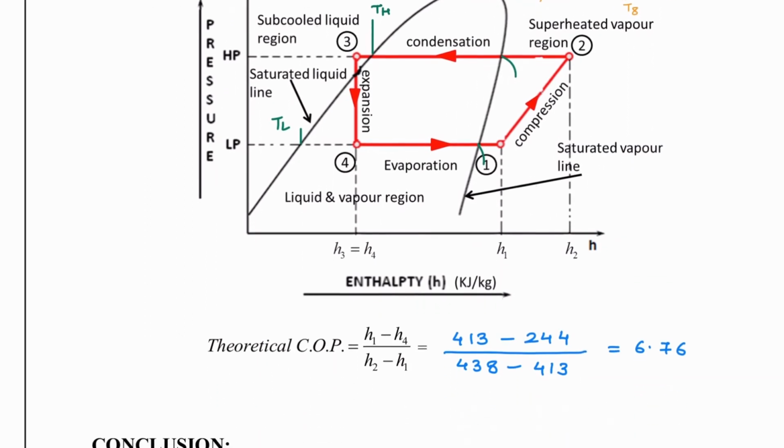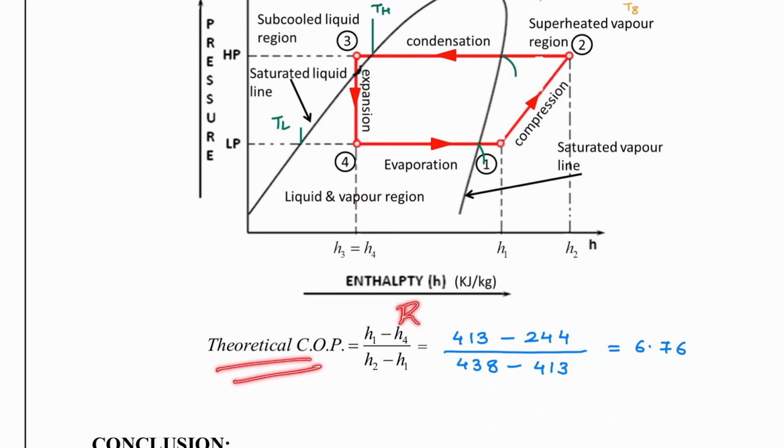Theoretical COP is the refrigerating effect divided by the compressor work, WC. The refrigerating effect is H1 minus H4, divided by the compressor work, which is H2 minus H1. All the enthalpies we have noted on the pH diagram. So substitute the values and you will get the theoretical COP. What is the value of theoretical COP? It is 6.76.